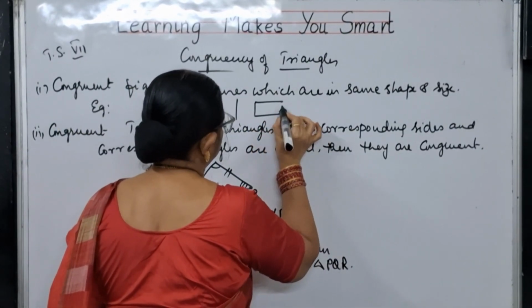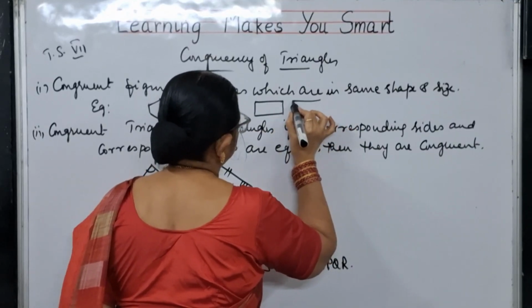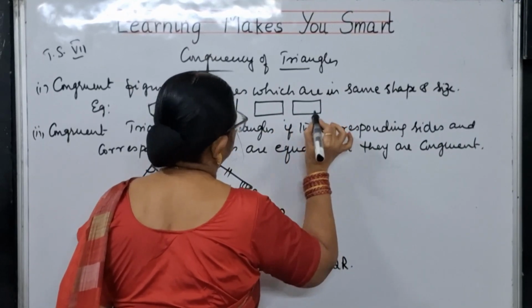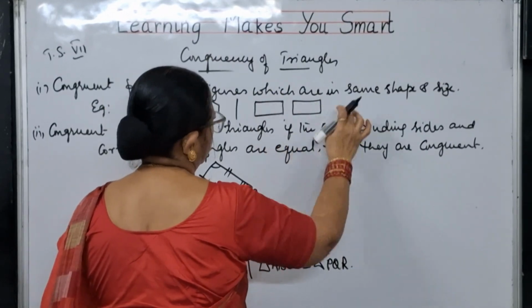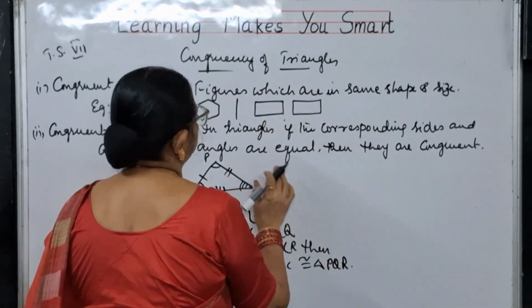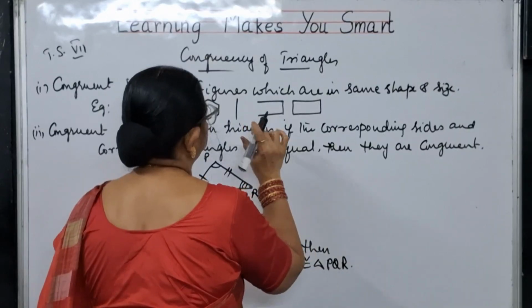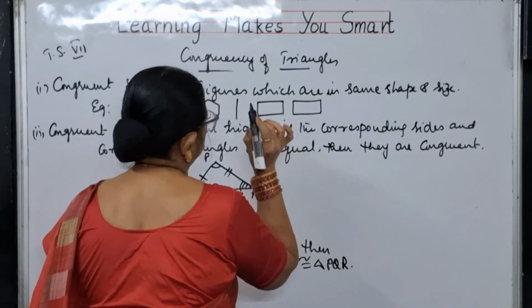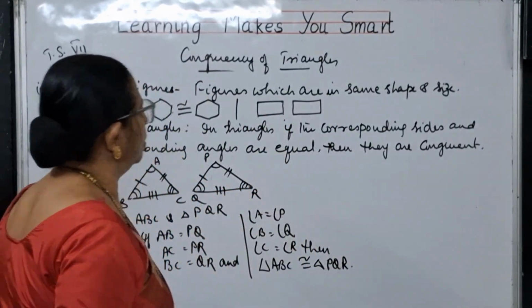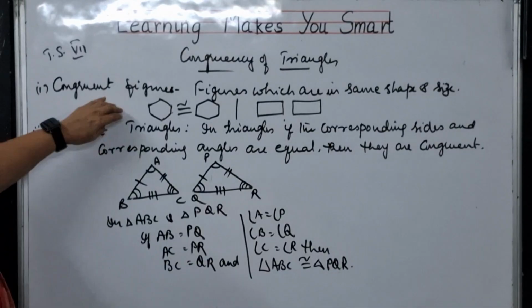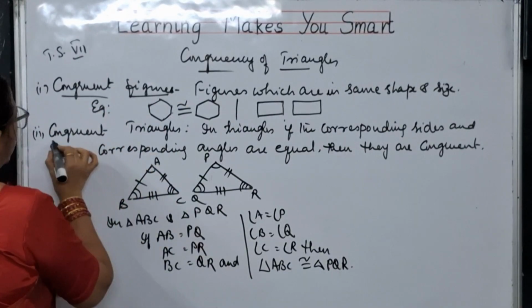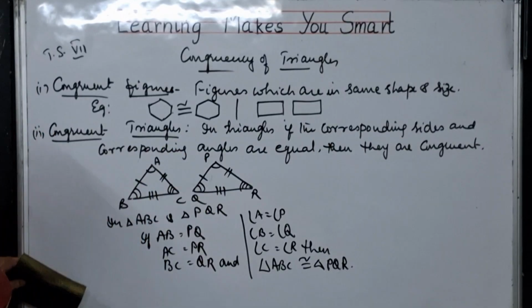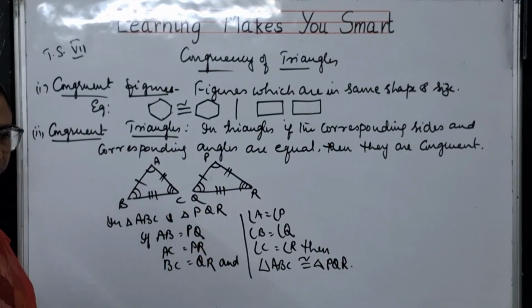So you can take another example. This is one more example. Here the measures are same. If you keep one upon the other, you are going to get them as totally same. That kind of figures are called congruent figures. These are congruent figures. This is the meaning of congruent figures and congruent triangles, children. Please note it down.